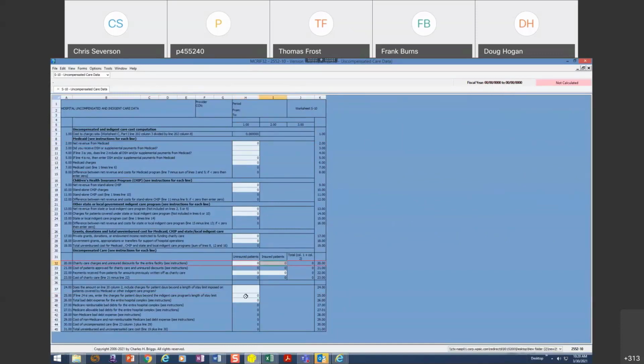So this should not be a separate number that's never been reported anywhere else. It has to be part of line 20 because this line 25 just explains to the system for calculation purposes how much of line 20 is really a charge figure that needs to be subject to the cost to charge ratio. So that's what line 25 is all about.